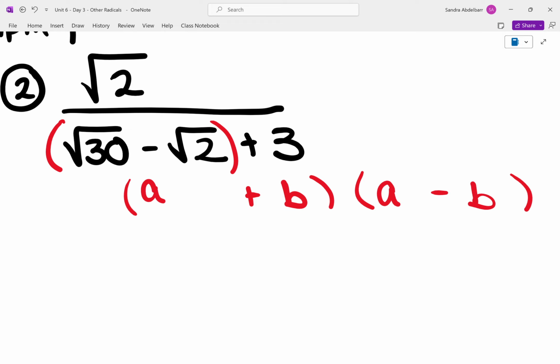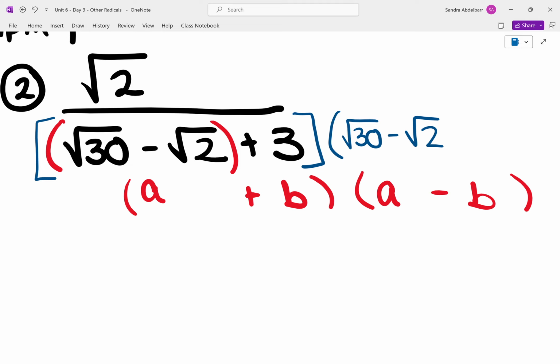So my whole A is the root of 30 minus the root of 2. That whole thing I'm considering my A. And then I'm going to change the plus 3. So I'm going to take this whole thing and multiply it by root 30 minus root 2.